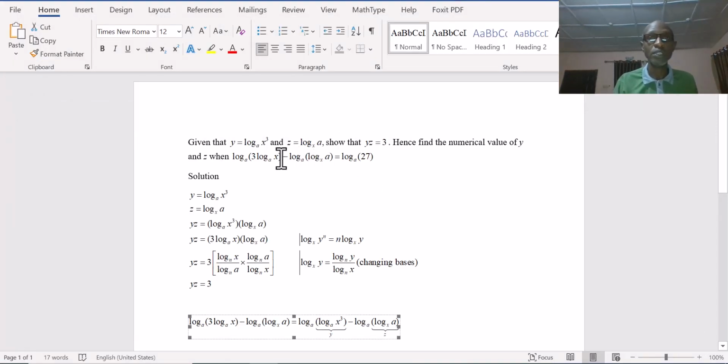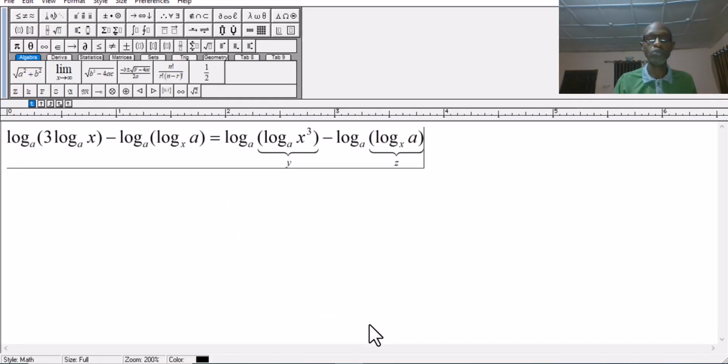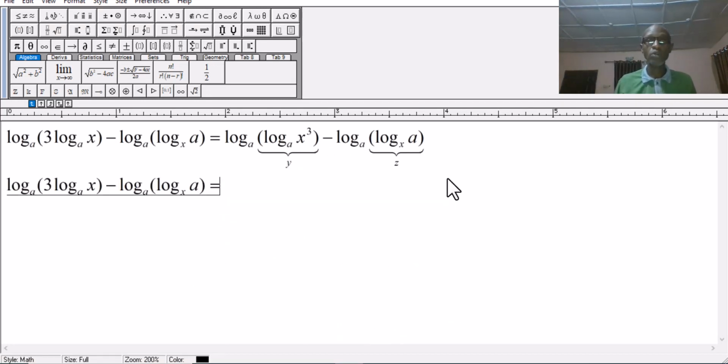So look at it. They said y is equal to log x cubed to base a, and that's what we have here. And then z is equal to log a to base x, and that's what we have here also. So now I can move forward and write log a y minus log a z.